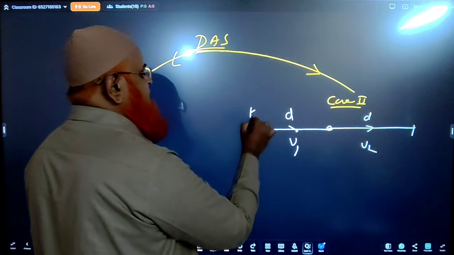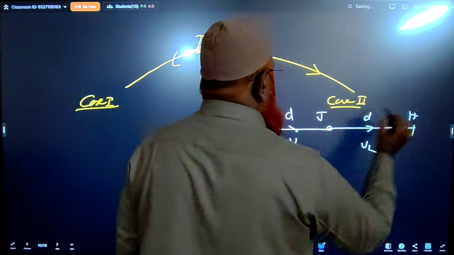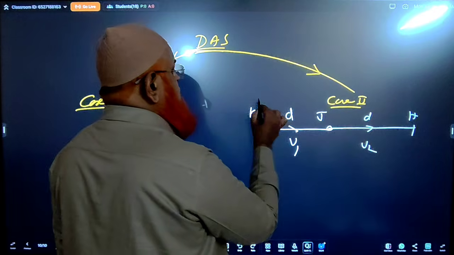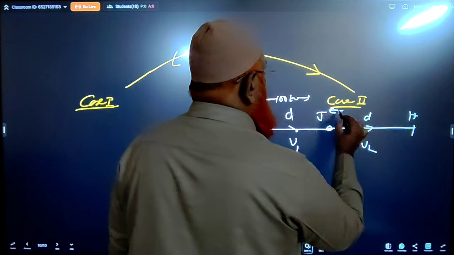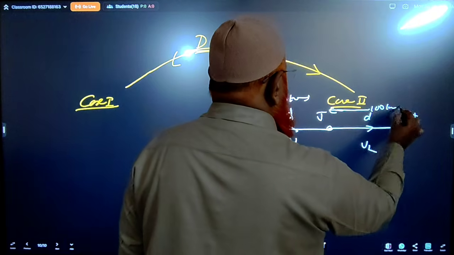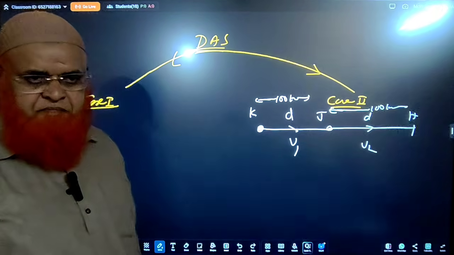For example, it has traveled from Kurnool to Jadcherla and Jadcherla to Hyderabad. Let us imagine the distance from Kurnool to Jadcherla is 100 kilometers, and from Jadcherla to Hyderabad again 100 kilometers. So distances are the same, but speeds are different.